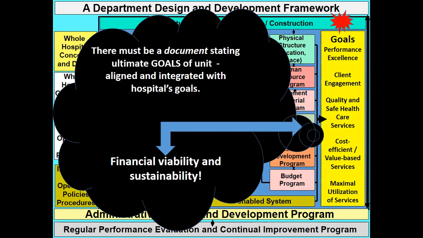The basic and essential goals are performance excellence, client engagement, quality and safe healthcare services, cost-efficient and value-based services, and maximal utilization of services. And all these goals should eventually be contributing to financial viability and sustainability.